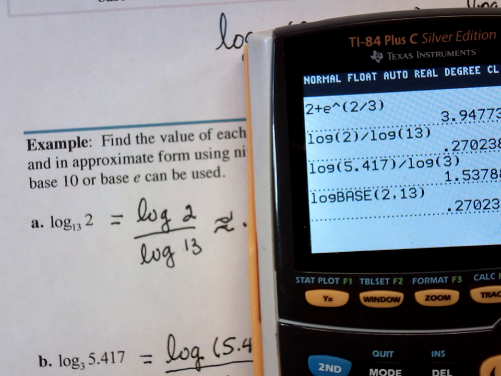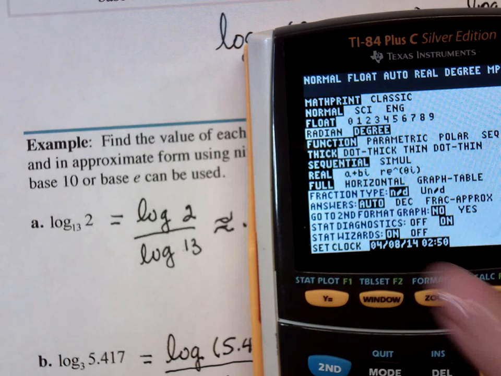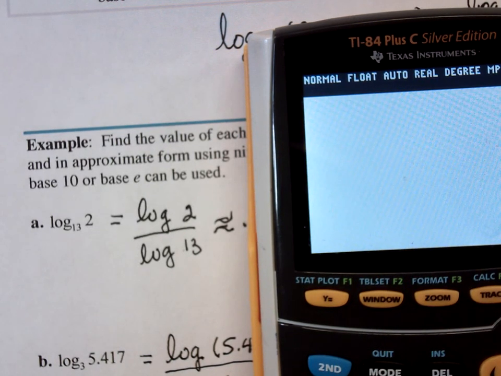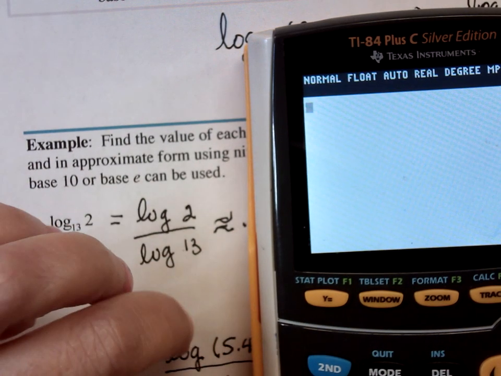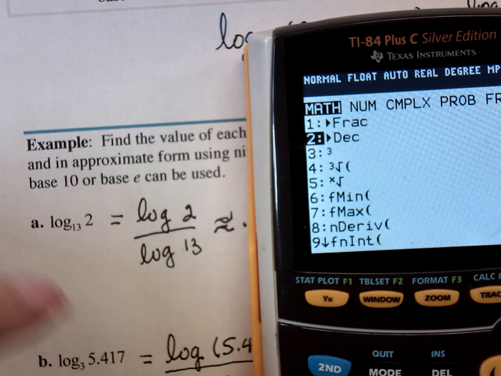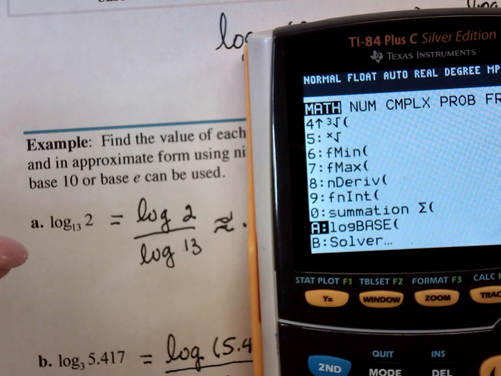formula for you. If I change my mode from classic to math print, come back out to the home screen, and now I do math and come down to log base.